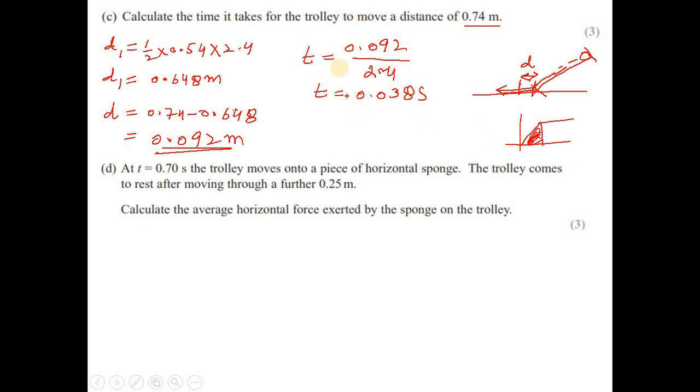Now if you see the whole situation, what is going on? I found the time for the extra distance after the ramp, when the car is moving on the horizontal surface or horizontal ground with a constant velocity. So this is the time for that distance, and we already know the time taken for the ramp, which is 0.54. So 0.54 plus 0.038 is the total time for that distance.